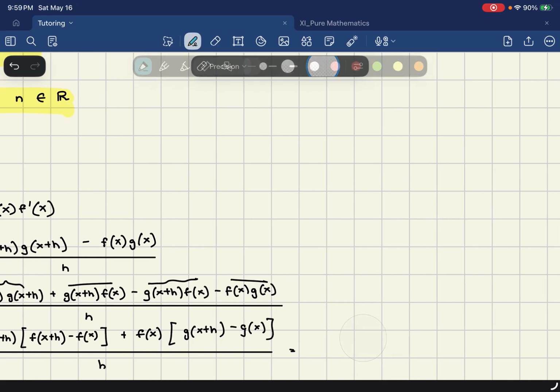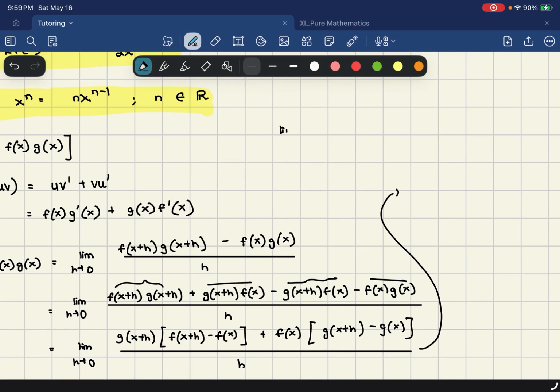So the limit operator works that if you have a limit as x tends to a of f of x, g of x, then you can do it individually. So that is limit as x tends to a of f of x times limit as x tends to a of g of x, provided they both exist. But using this rule, you are going to get the expression from this point.